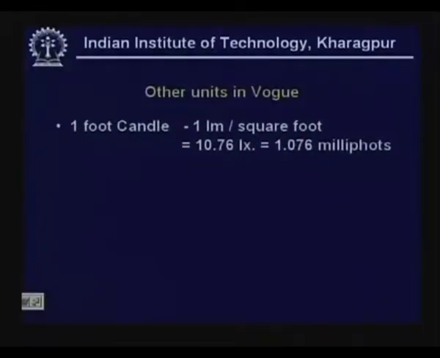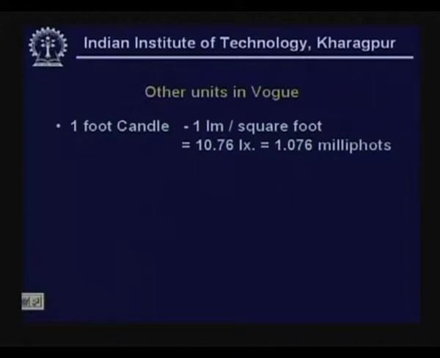Here it becomes necessary for us to know some other units which have been in vogue, because though they are not currently used, for the sake of completeness they must be taken care of. They are in the FPS system, which one may encounter when reading the literature, and in fact we have encountered them. One of them is the foot candle, which is nothing but 1 lumen per square foot, which is essentially 10.76 lux.